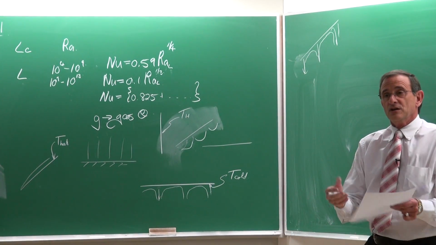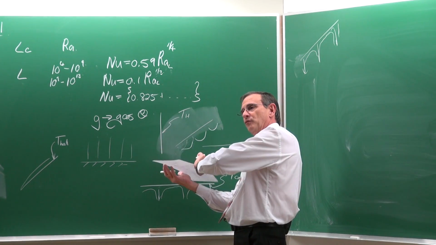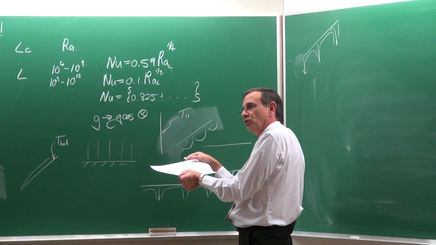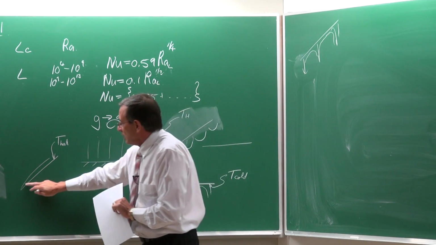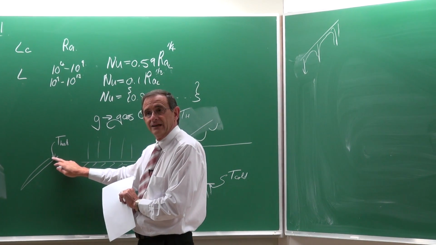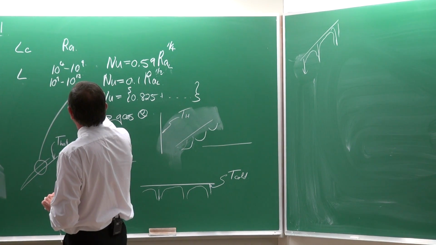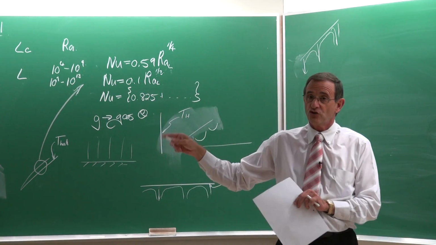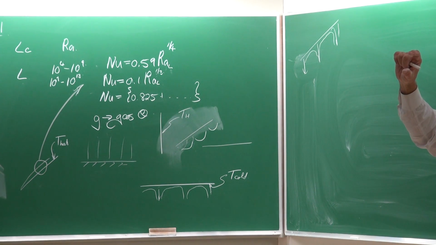Okay. So depending on the orientation of the plate, and in terms of which side is the hot side or the cold side, you can have situations where you're going to have a boundary layer that develops like that. And it's only for those cases where you can use that equation there. And that is what the textbook is trying to say. So if you've got a boundary layer that develops, then you can use that orientation.